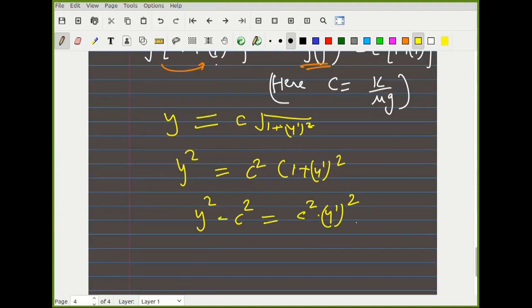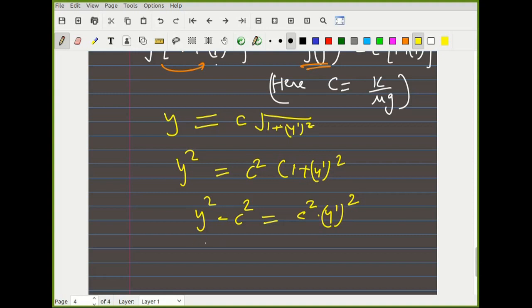So basically, let's hang on and see what exactly we are doing. We're solving for y. Basically, y is an unknown function because we want to catch hold of that function which minimizes the potential energy. So we are solving for y, and we are approaching a neat differential equation.